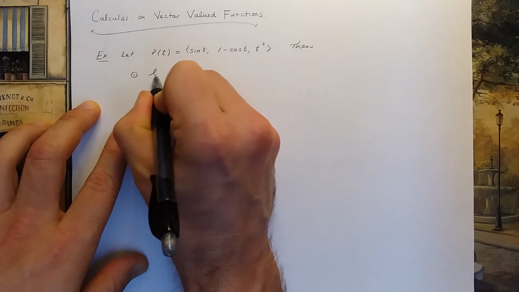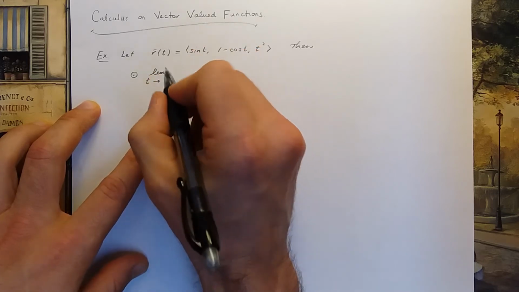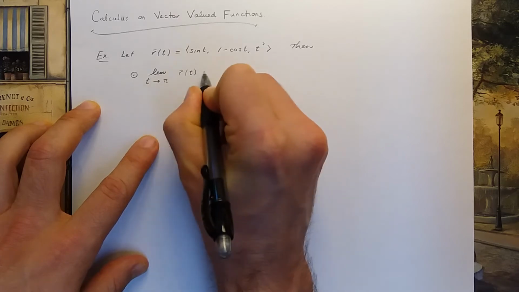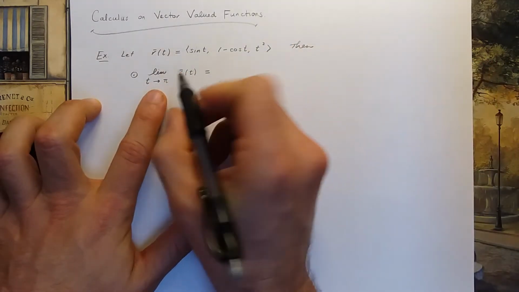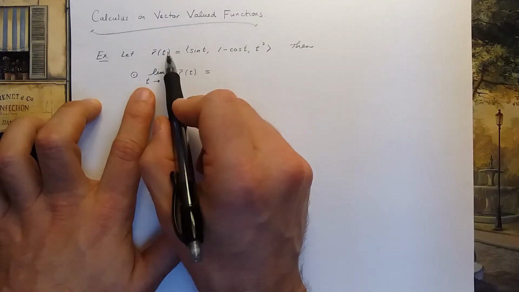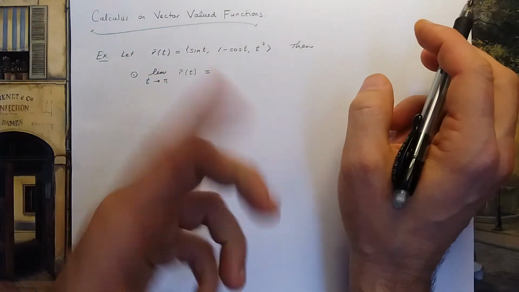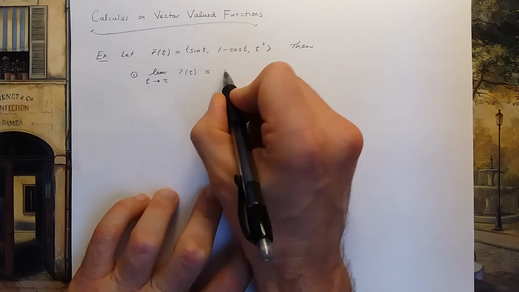First, let's do the limit as t goes to pi of my vector-valued function r of t. What you're going to do is just take the limit of each component. When we take limits or derivatives or integrals of vector-valued functions, all we do is operate on each component separately.